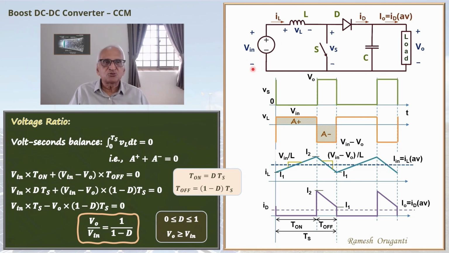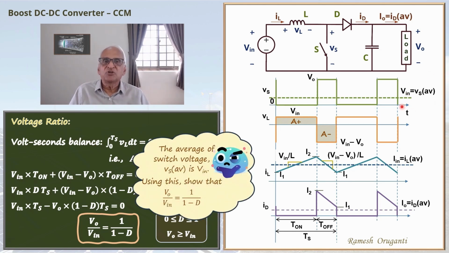So if you take the switch voltage and then average it and equate it to Vin, we will derive the same equation V naught by Vin equals 1 by 1 minus d. You may want to try it out and convince yourself that that is one more way of deriving this equation.